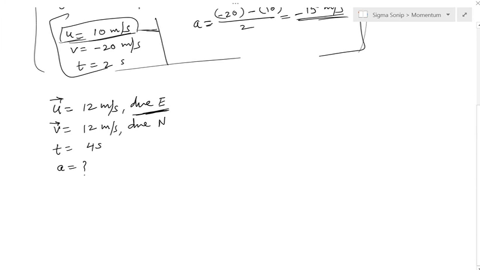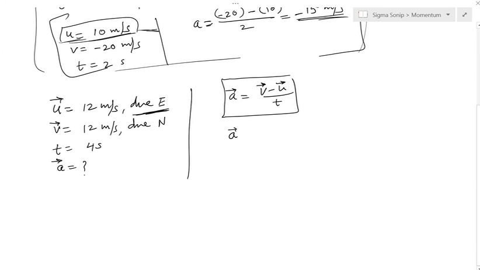Now I need to find the acceleration. Because the vectors are given, I need to find the vector acceleration here. The equation that we have used so far was (v minus u) divided by t. We can write that as a vector equation to imply that here we are dealing with vectors. Another way it can be written is a equals delta v divided by t.